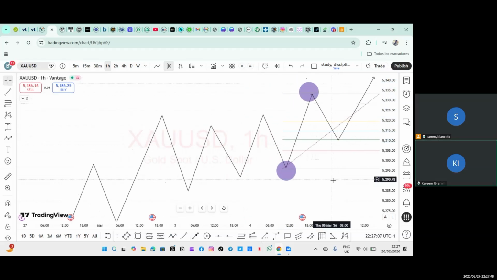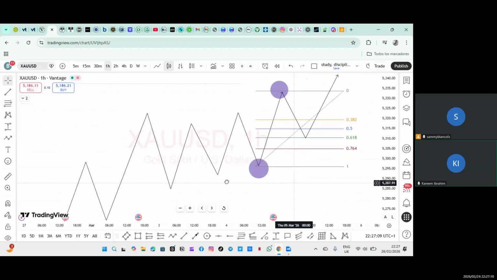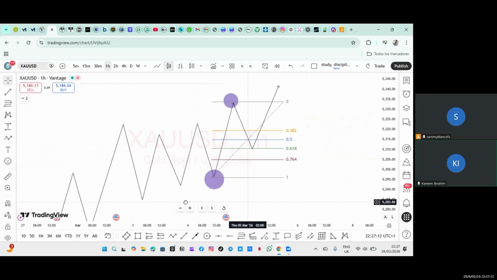Okay. So we have two golden options there, either the 0.5 or the 0.6, right? Exactly. It can make a retracement from 0.5, or you can wait for the 0.6.